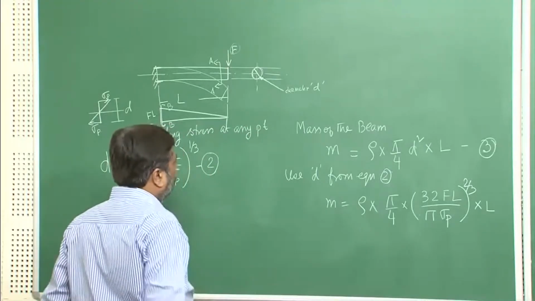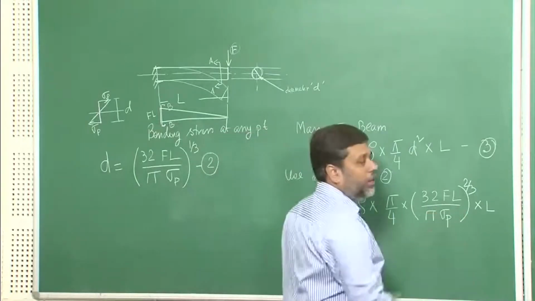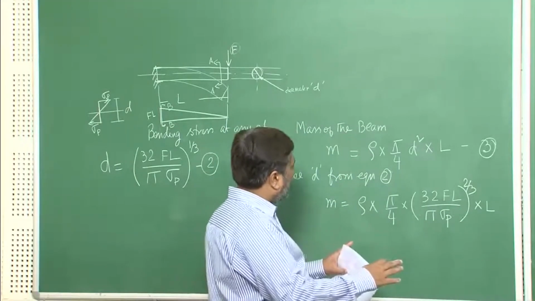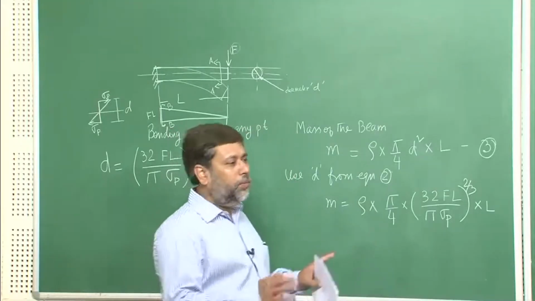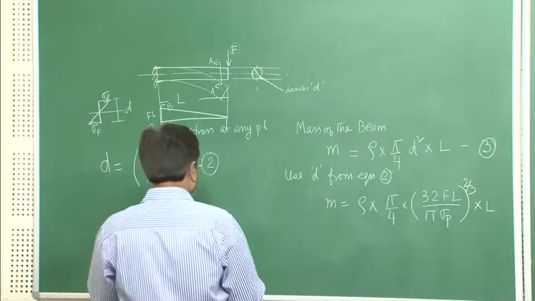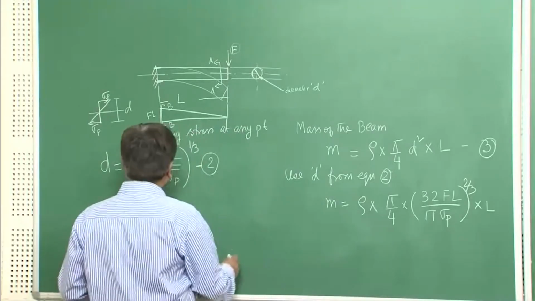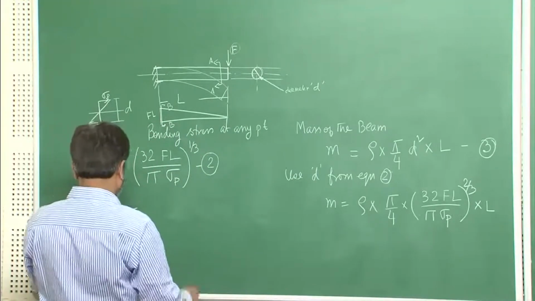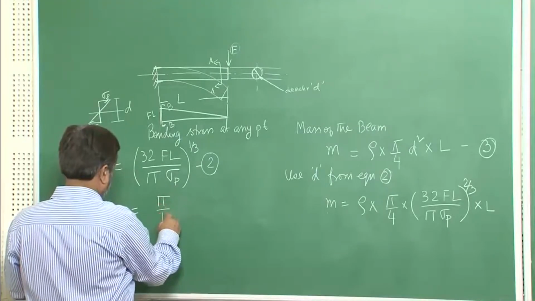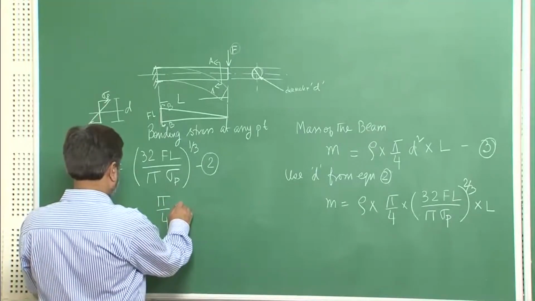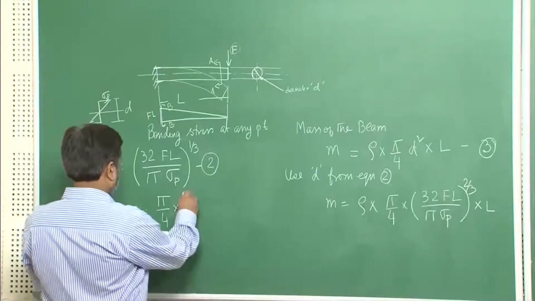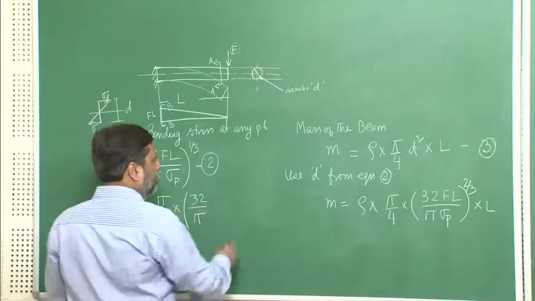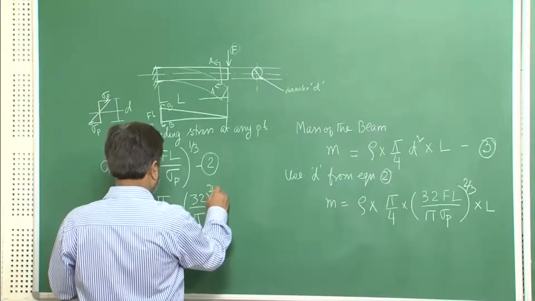Now, let us divide this expression as usual, like the last class, into several segments and isolate the part related to the material property of the system. If I do that, I get m equals pi by 4 times 32 by pi, which I can take out, times 2/3.